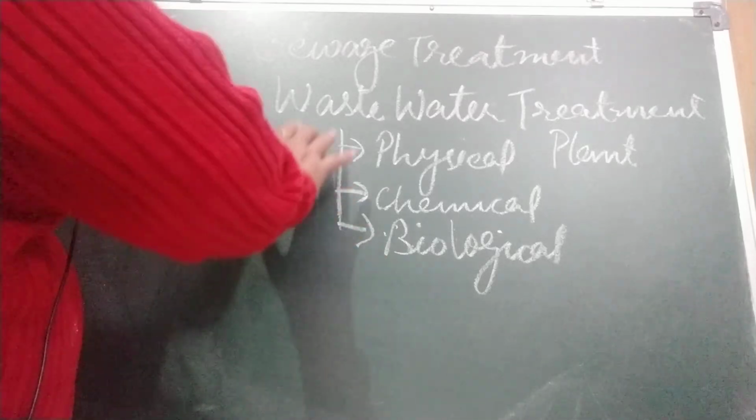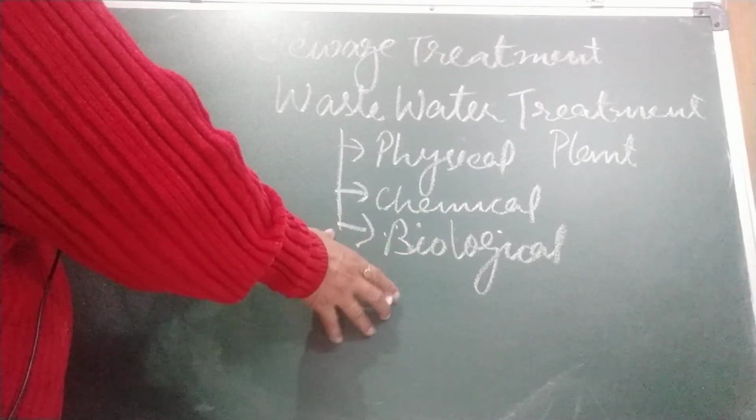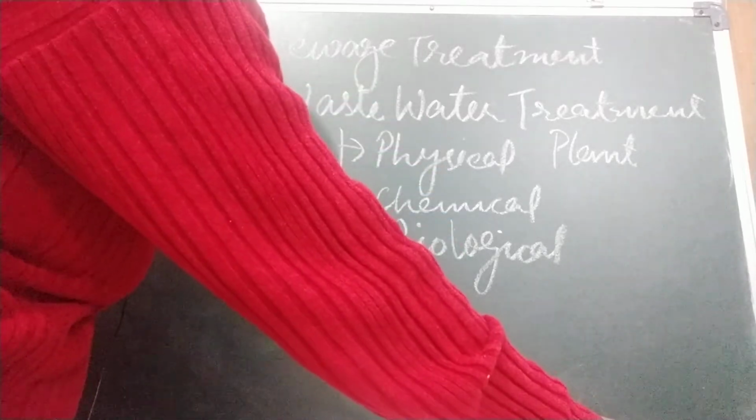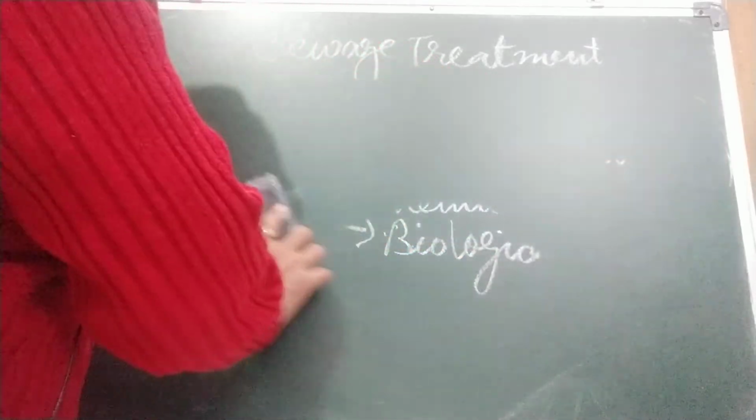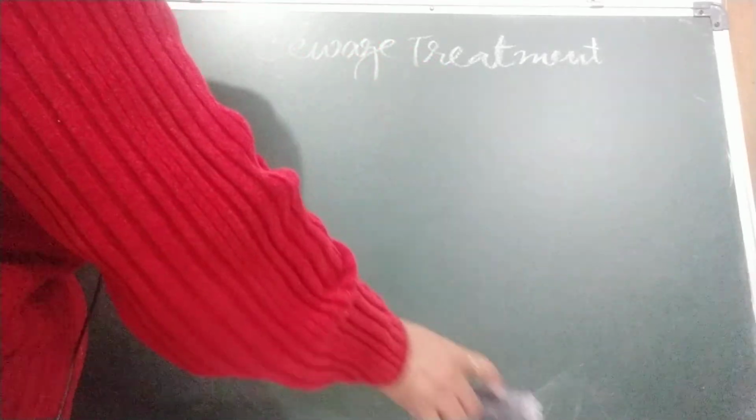This way we can clean sewage water by these three processes, and further we use it. Now it is fit to flow into the river, or we can give this water to the fields for irrigation.